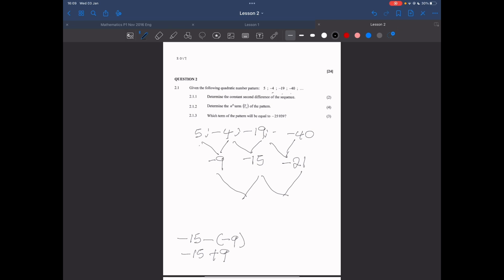So -15 plus 9 is now a negative 6. So doing the same thing here, negative 21 plus 15 is going to be a negative 6. So it means, as the question was saying, the constant second difference of the sequence is negative 6. Our constant difference is negative 6.